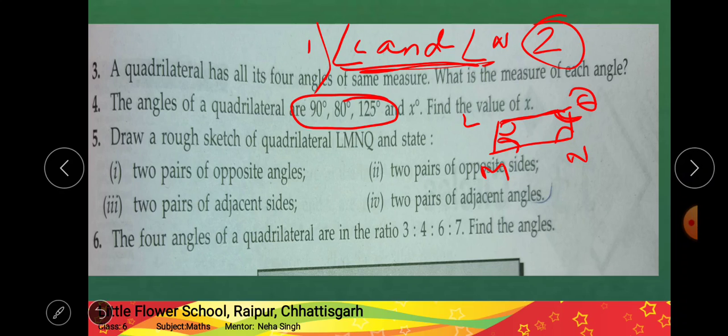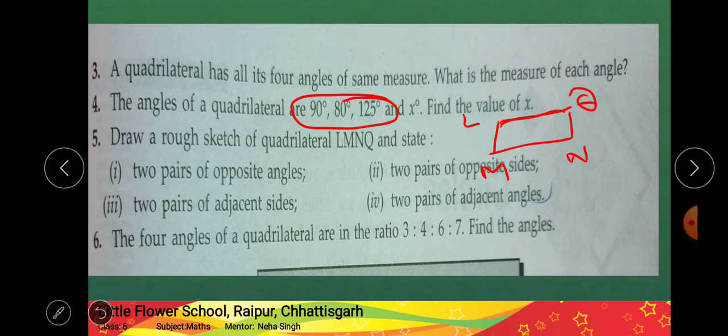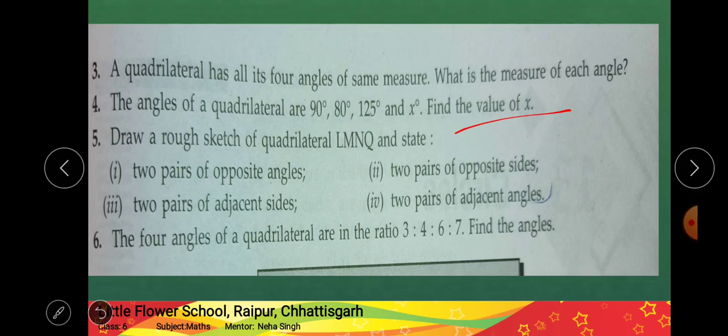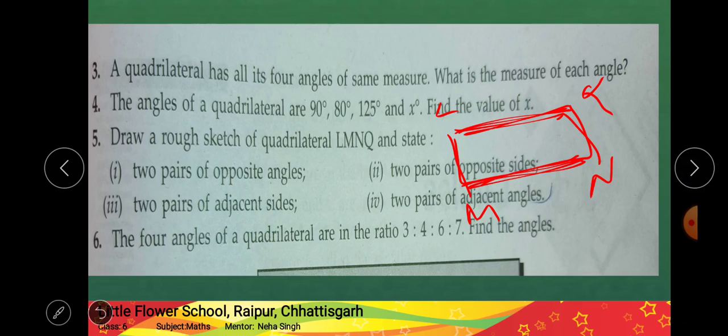These are the two pairs of opposite angles. Now pairs of opposite sides you can easily mention. How? What will be the pair of opposite sides? See, L, M, N, Q. Opposite side, MN is opposite to LQ. So MN and LQ, LM and NQ. Like this, right?